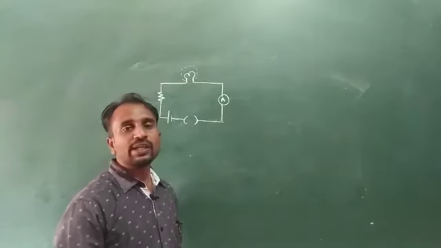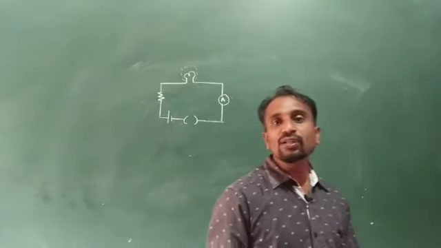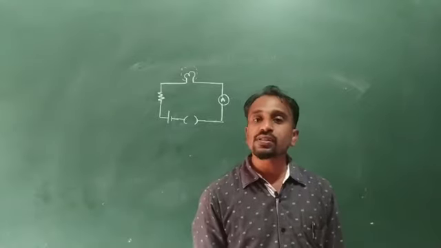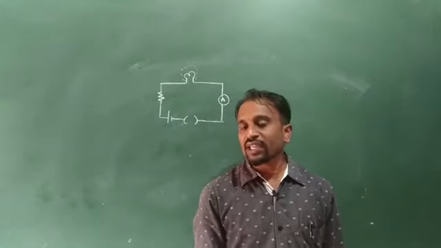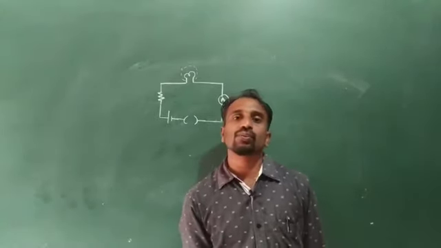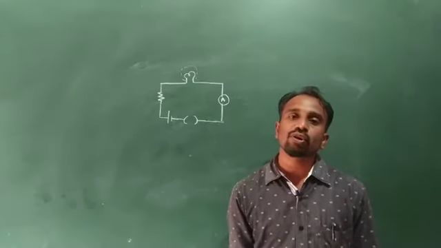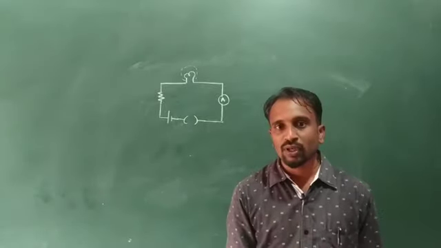So this voltmeter is always connected in parallel to the circuit. Why is this voltmeter always connected in parallel? Because in a parallel combination the potential difference remains the same.